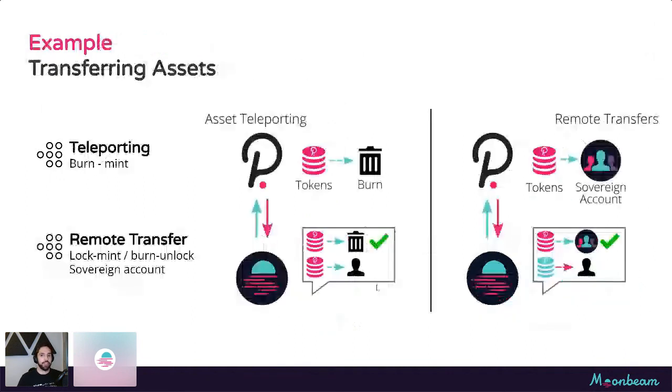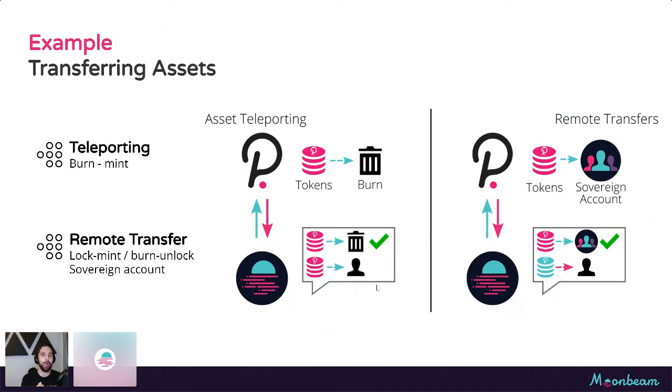I brought some high-level examples of how XCM is being used, and this is actually true right now on Kusama. For example, to transfer assets, there are two main ways that people are transferring assets on Kusama. One is asset teleporting, and the other is remote transfers.